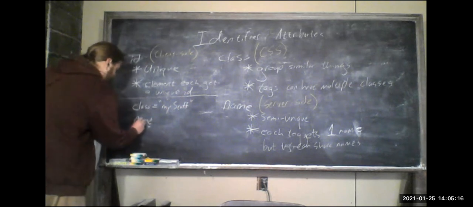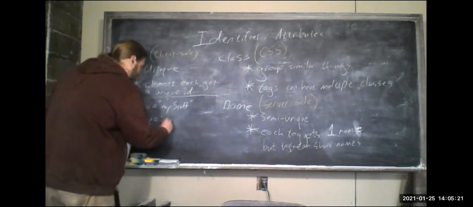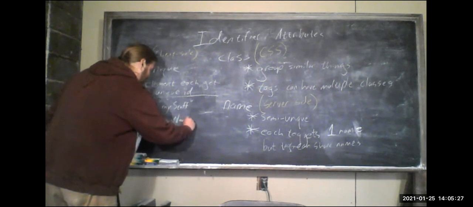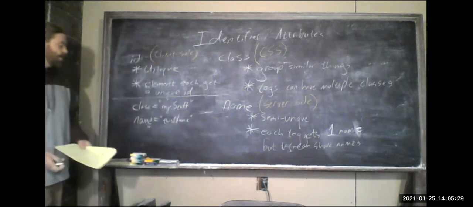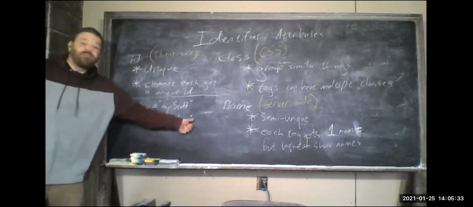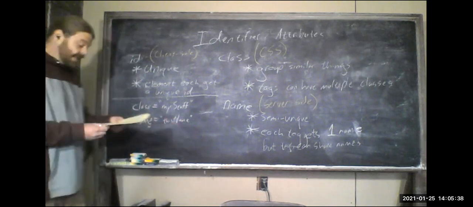And for a name attribute, we just put the attribute name equals this name, I'm making something up here. The main thing I want to point out is the attribute is assigned some value in quotation marks. And again, no spaces in there.